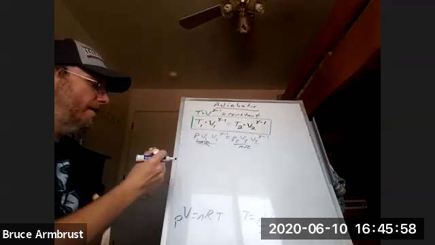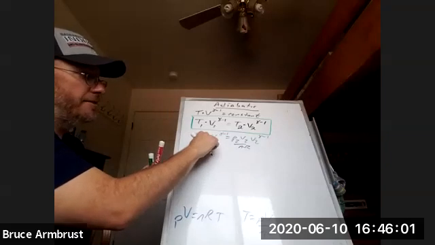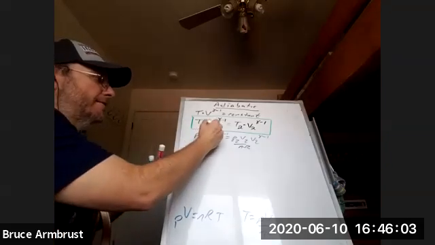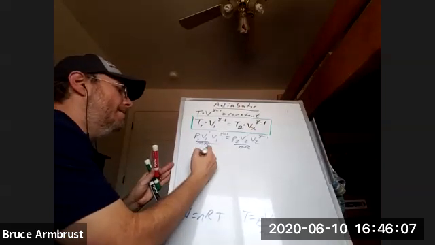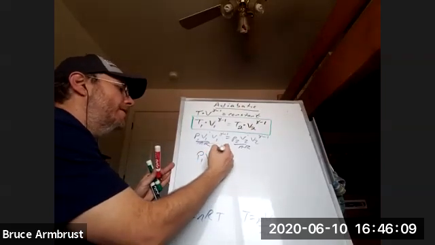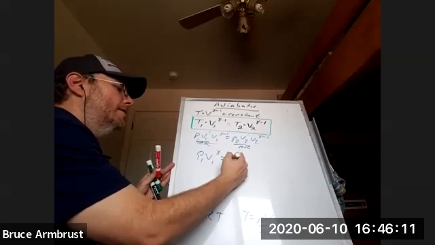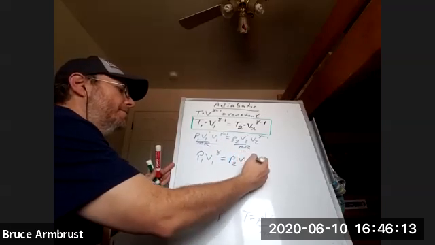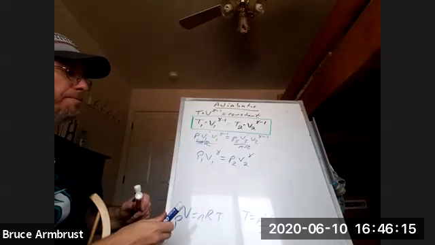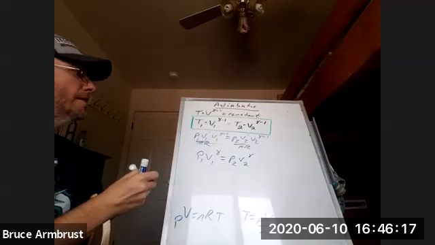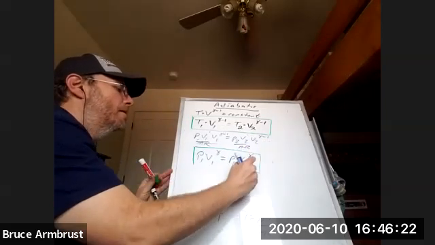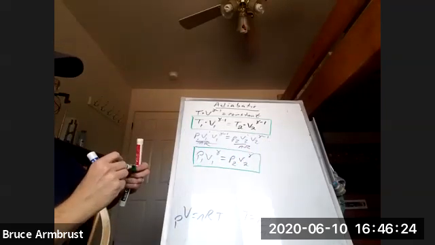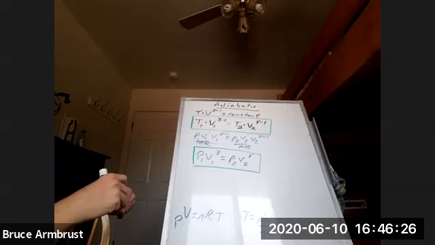I can combine these V's using the rules of exponents, because that's V to the first. So we get P1 V1 to the gamma equals P2 V2 to the gamma. We'll go ahead and box that as well, because there's a second form of what's going on with an adiabatic process.